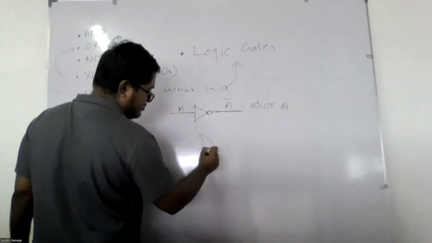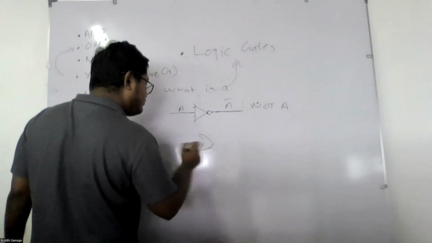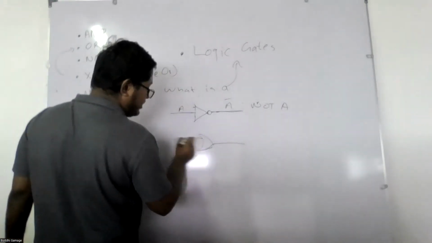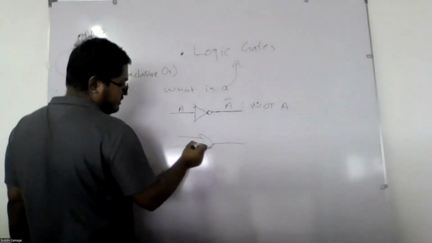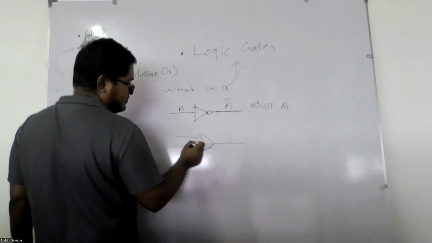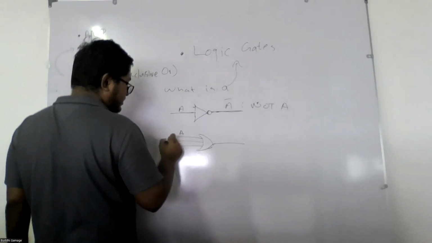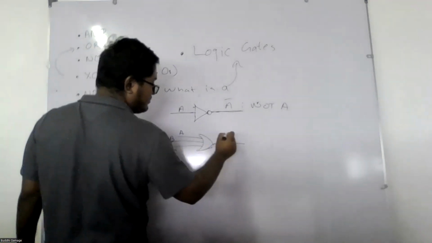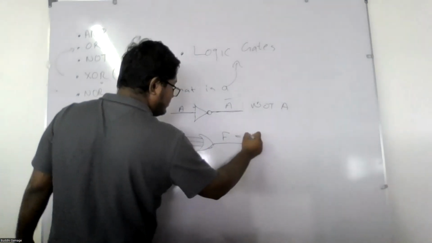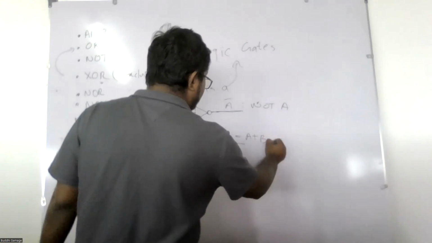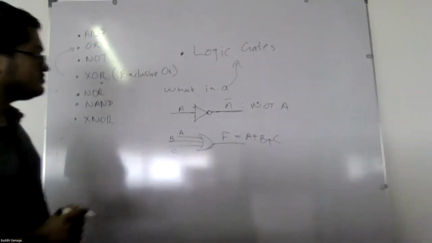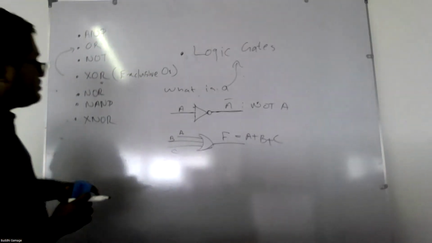For the OR gate, there can be many inputs. Let's say even three, A, B, C. The output will be A plus B plus C.